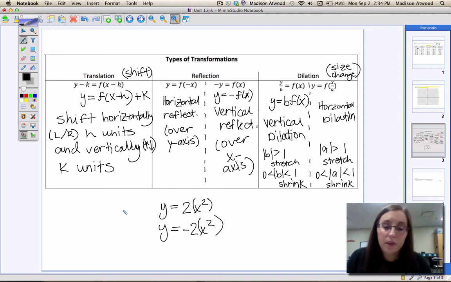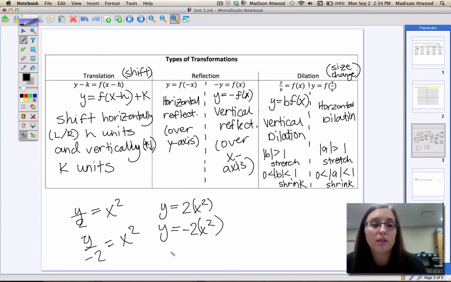If I'm talking about those two functions, they're both stretched vertically, because I could also write these as y over 2 equals x squared, or y over negative 2 equals x squared. So they're both stretched, even though one's positive and one's negative, because the absolute value of the scale factor is greater than 1. Remember, the difference in putting a negative in there is whether it's reflected or not.